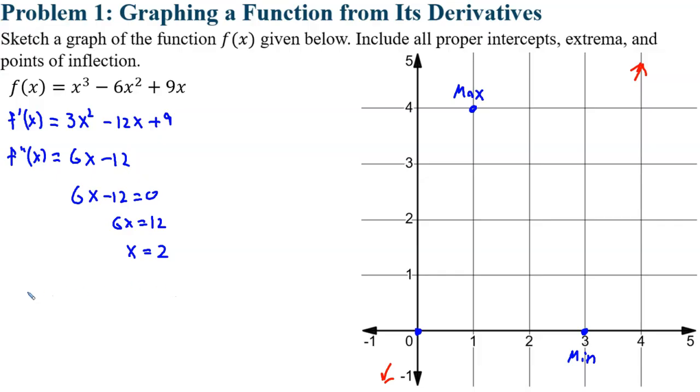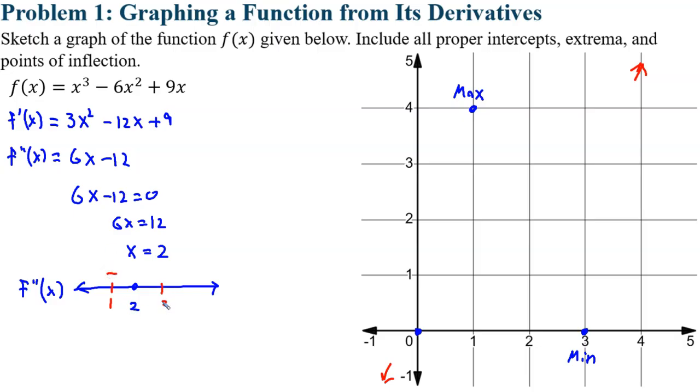Now, is that a point of inflection? Well, let's look at our sign chart. We've got the 2 here. Does it switch signs on both sides of this? Well, I'd say yeah. If I plug in a 1, for example, I'd have 6 minus 12, which would be a negative 6. That would be negative.